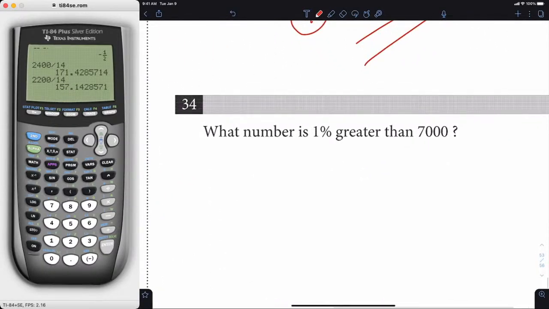What number is 1% greater than 7,000? I don't know. We'll do 7,000 times 1.01 in our calculator. Oops. Is this working? No, my calculator's not working. I'm not sure why.